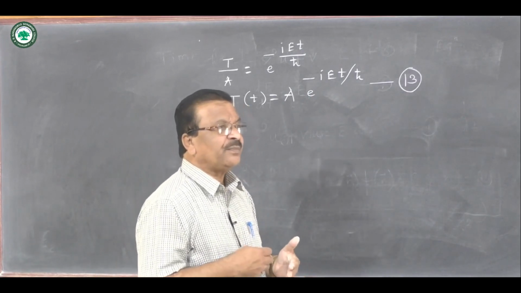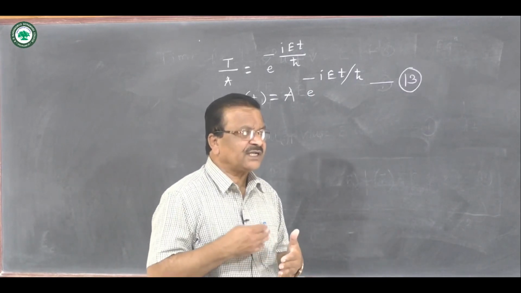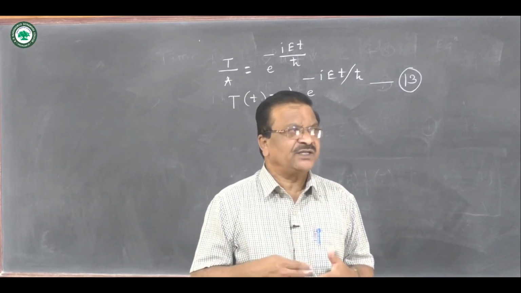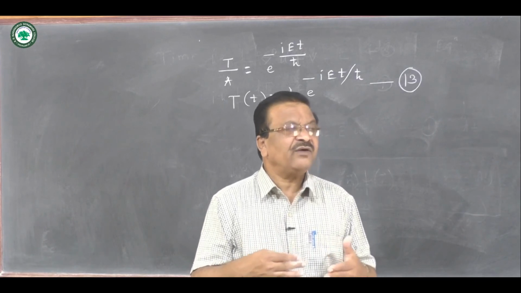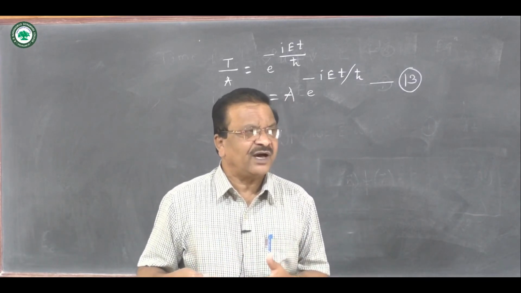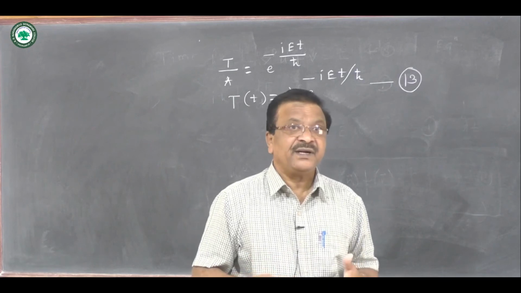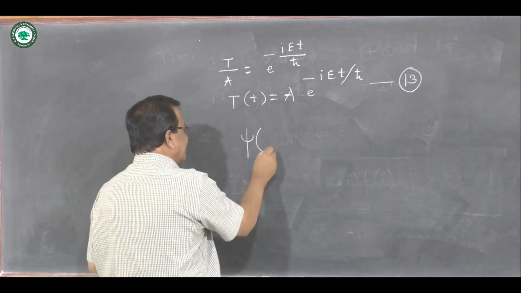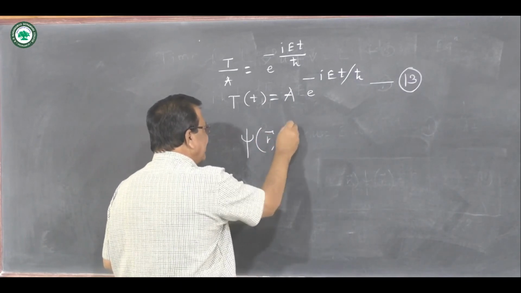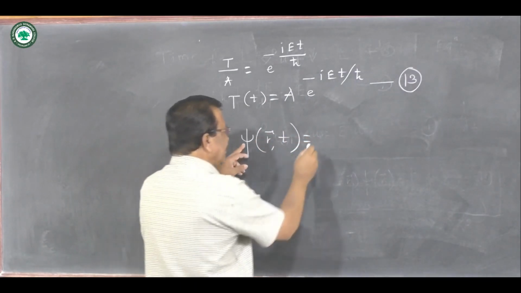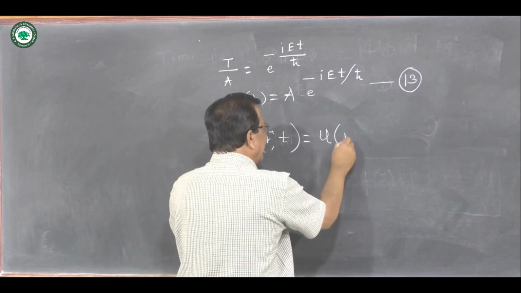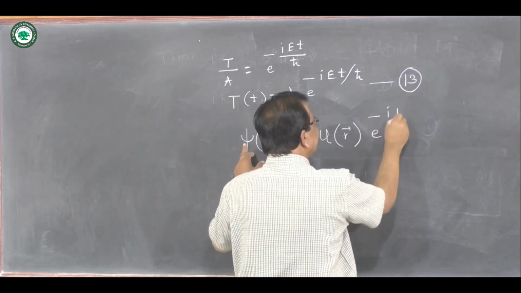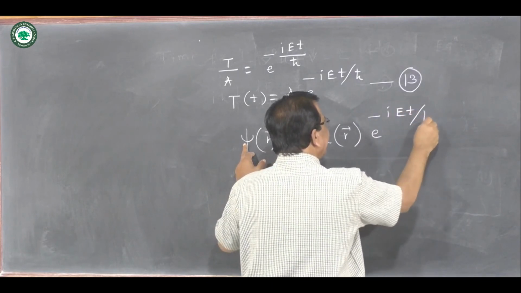So what I was actually doing was solving the time dependent Schrodinger equation, and on the way of getting the solution for psi of r, t, I have got the time independent form. The solution of the time dependent Schrodinger equation, or the complete wave function psi of r, t, which is the product of u and T, is u of r times e raised to minus iEt by h cross.